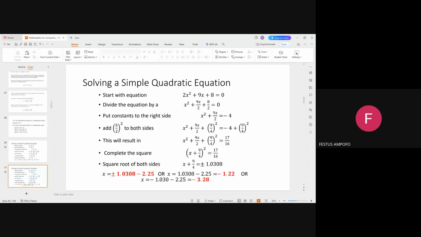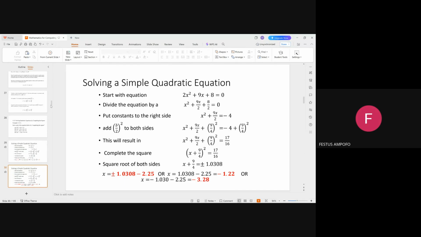So I was confused when you were asked to complete the square. Initially, I even solved it using the first procedure. But when you brought this, I realized that I will not use the first procedure, but rather I will be using this one. This one is simple. Okay, this is simple. Yeah.